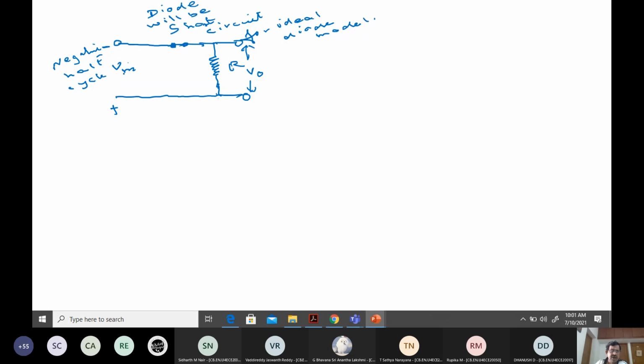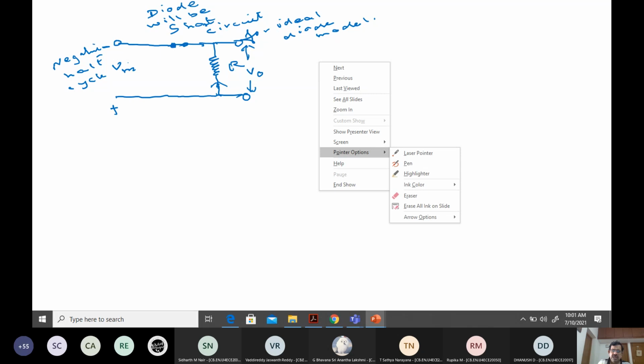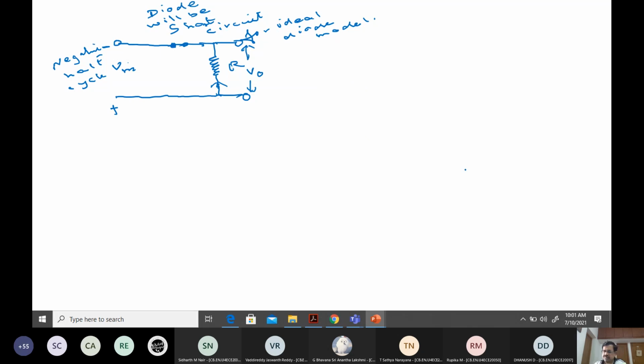The output will merely follow the input because the current is now flowing through. And when the current flows through, you will have a circuit, and the waveform therefore will. So let me draw the entire waveform, the input and output, and then that makes things easier.